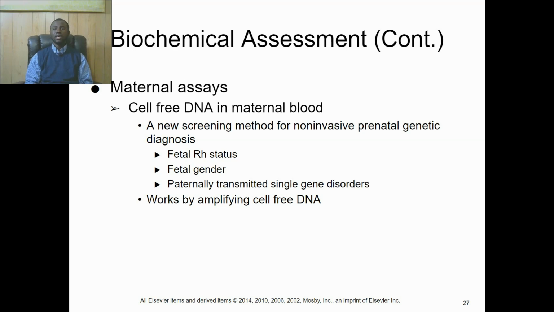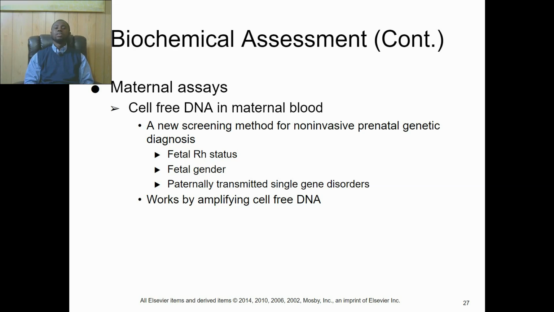Cell-free DNA in maternal blood is a new non-invasive screening tool made possible by advances in the Human Genome Project. It is used for the detection of fetal chromosomal abnormalities and is performed at 10 to 12 weeks of gestation. This can also be used for determining fetal Rh status and fetal gender, and also paternally transmitted single gene disorders.